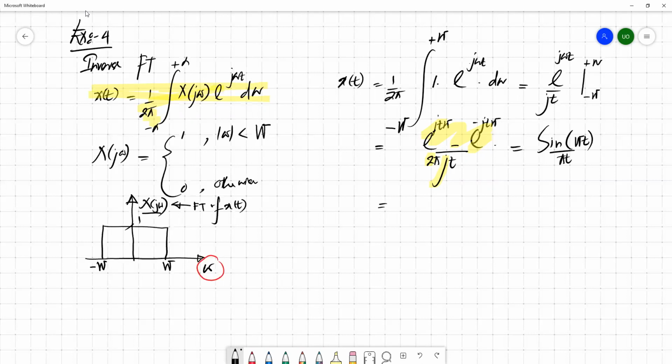We can further simplify this by converting the sine function to a sinc function. For sine Wt, you need to put W here, and pi t is already there, so you put W to cancel this out. Then this becomes W over pi sinc Wt.